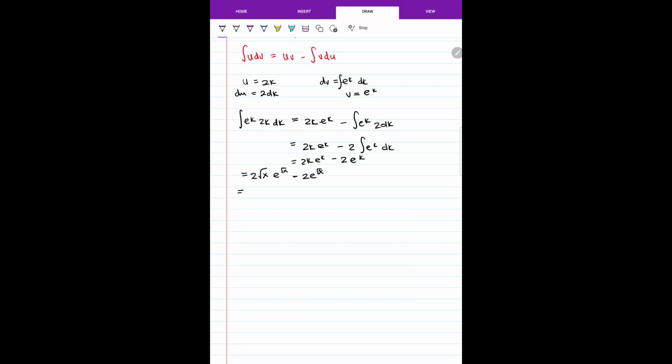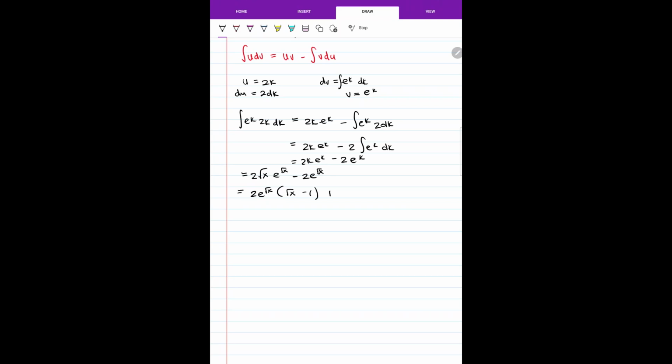What I would do is, you can see that there's a common factor of e to the root x. Can you see it? There's one here, and one here. So if we pull out that common factor, we get 2 e to the root x times root x minus 1.